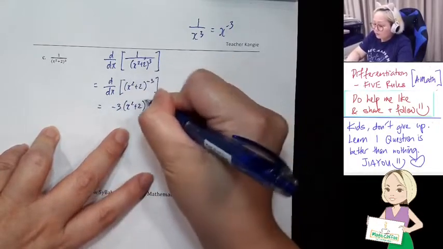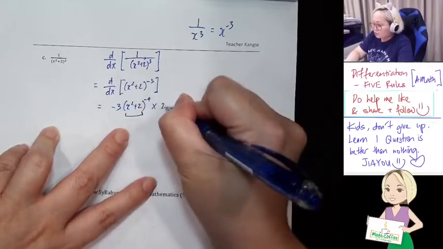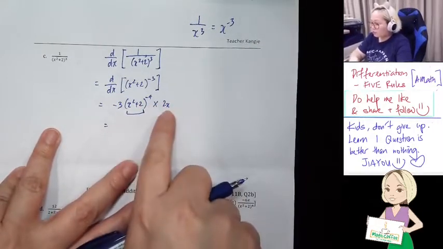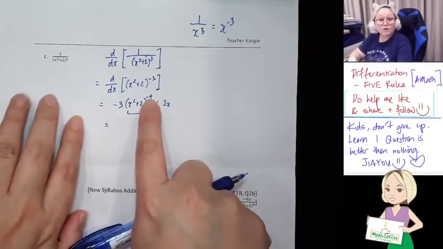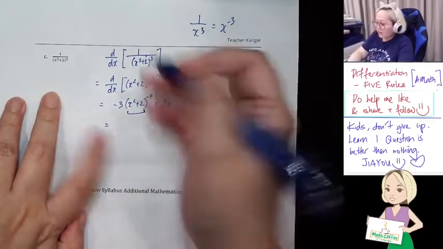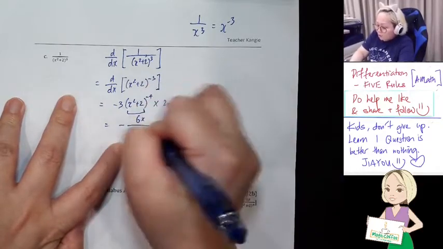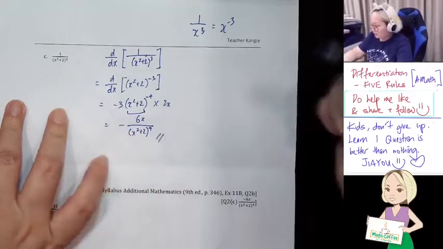Power minus 1, so it's minus 4. Multiply by differentiate inside, which is 2x. Let's simplify. Minus 3 times 2x is minus 6x. Since this one is minus 4, I'm going to bring it to the denominator. So it becomes minus 6x over x squared plus 2 to the power of 4. And we are done.